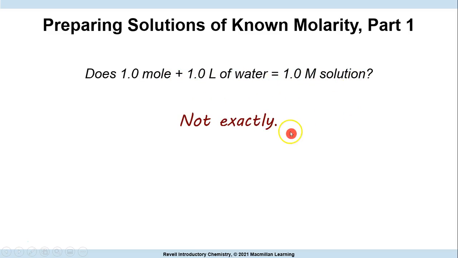It will not give us exactly a 1 molar solution, because remember, molarity is given by moles per liter of solution. Here the volume is actually going to be more than 1 liter. So it's not going to give us exactly a 1 molar solution.